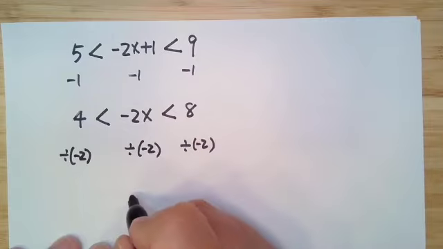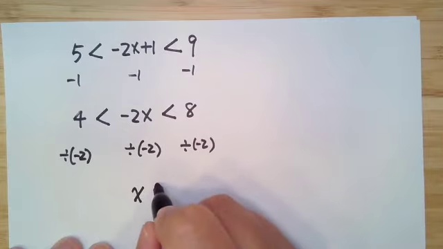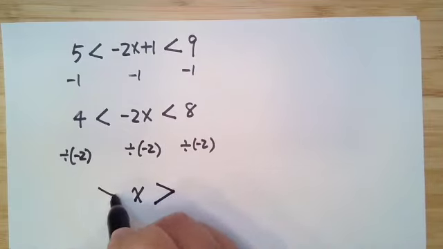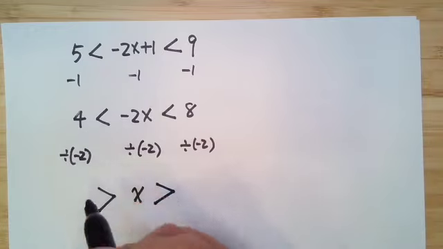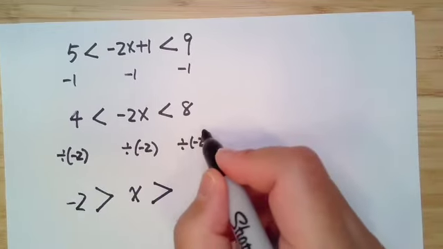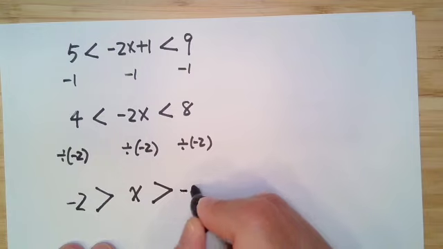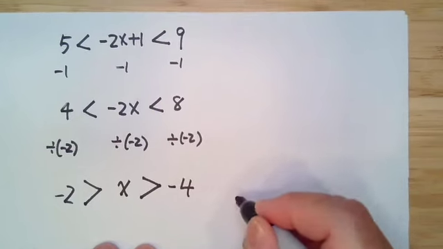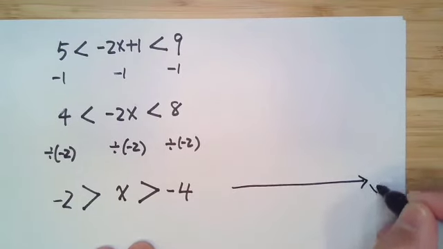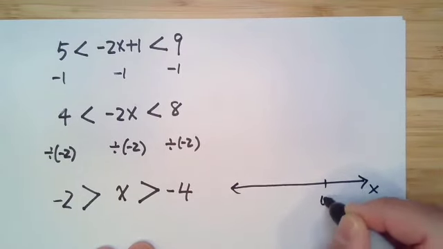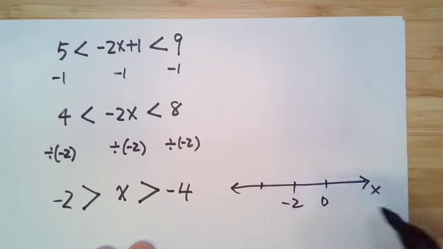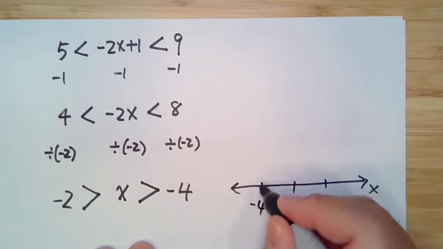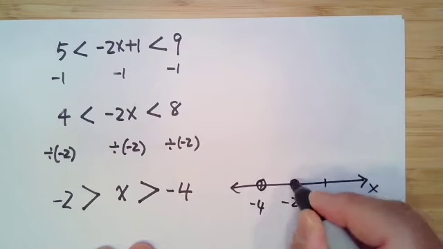So here will be x, and this is going to be greater than, and 4 over negative 2 is negative 2, and 8 over negative 2 is negative 4. So negative 2 is greater than x is greater than negative 4. If you want to show that on the number line, here's a 0, here's negative 2, here's negative 4, then it's going to be circles with shading between them.